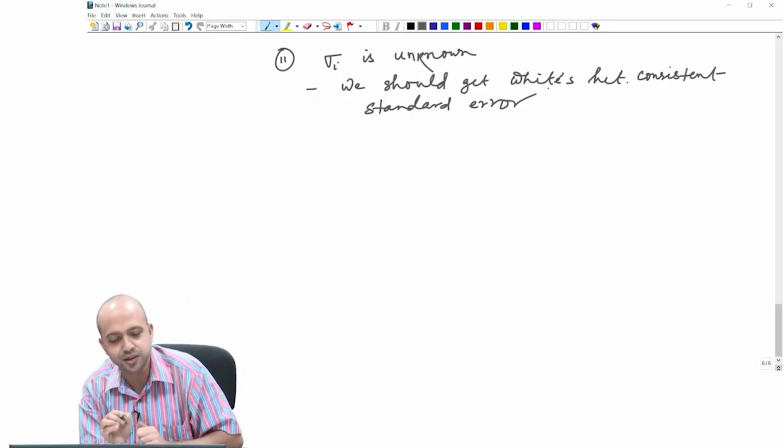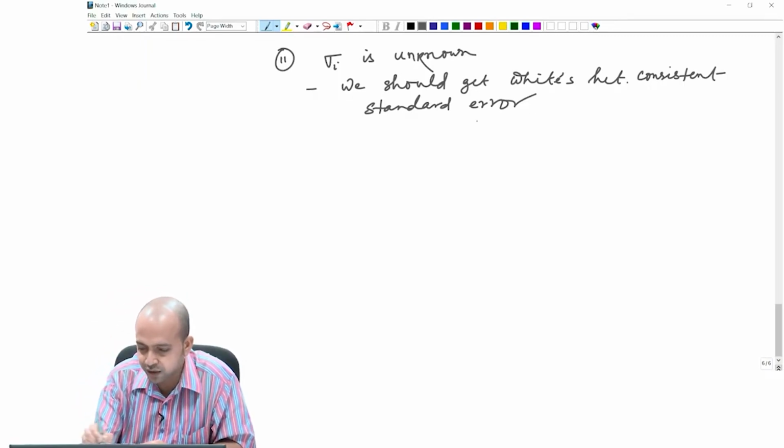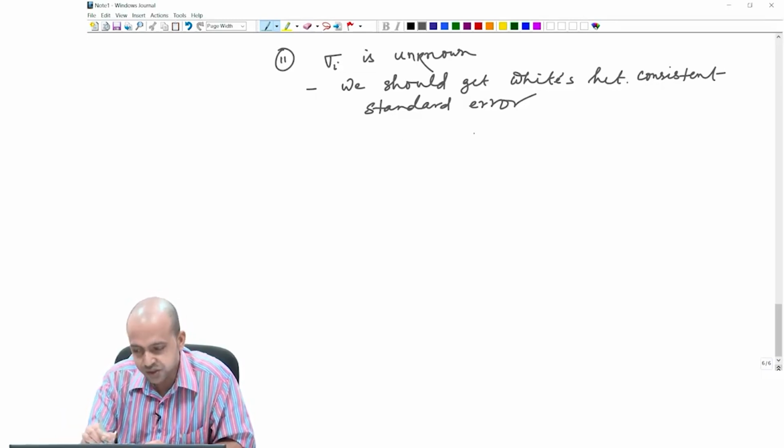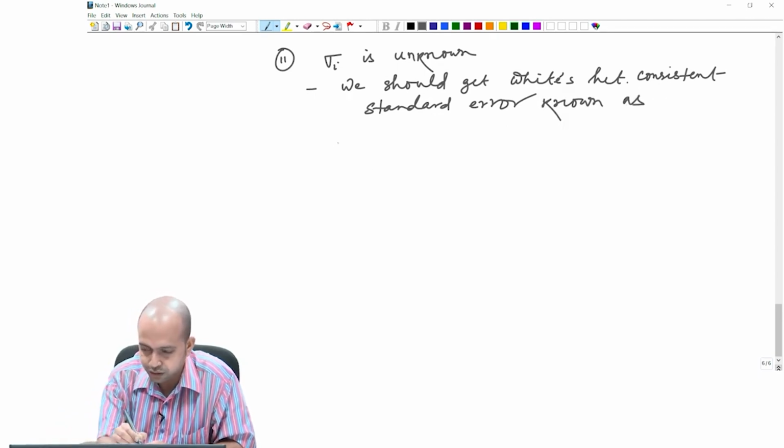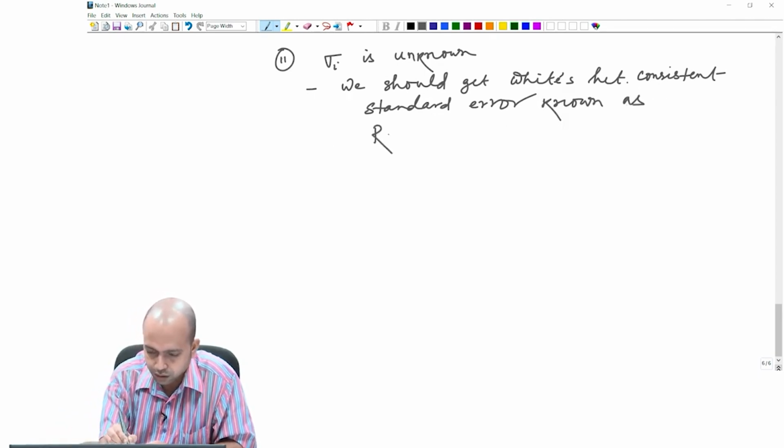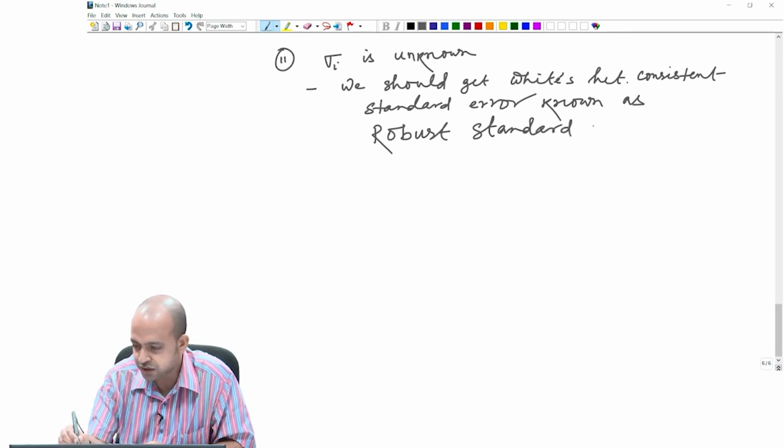So, you have to get this, and this particular standard error, White heteroscedasticity consistent standard error, is known as robust standard error.